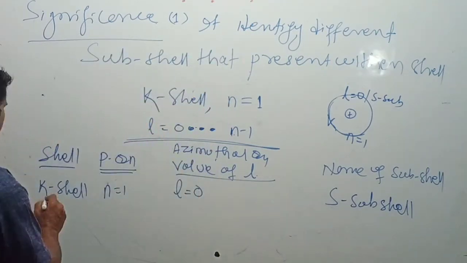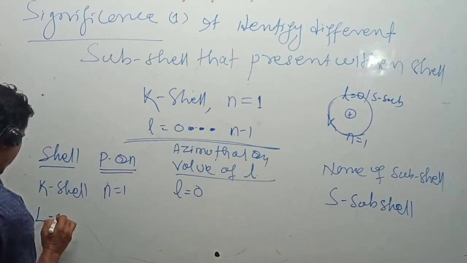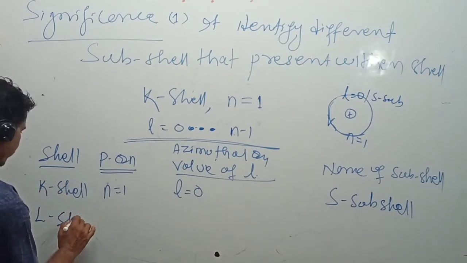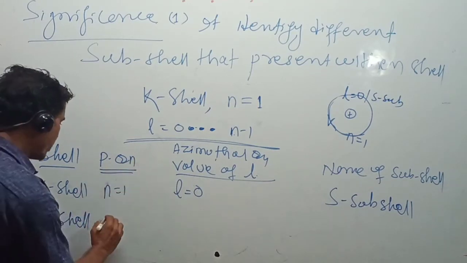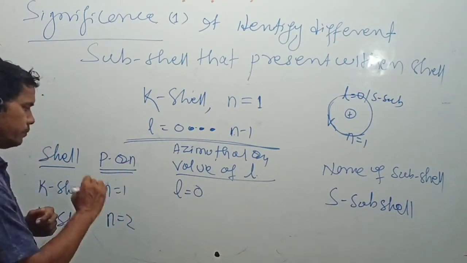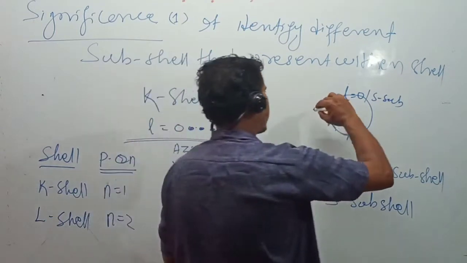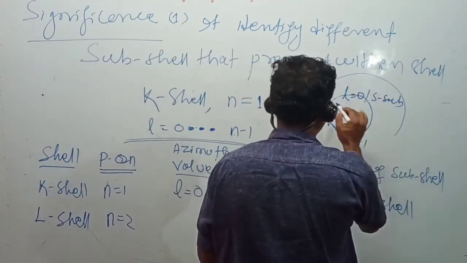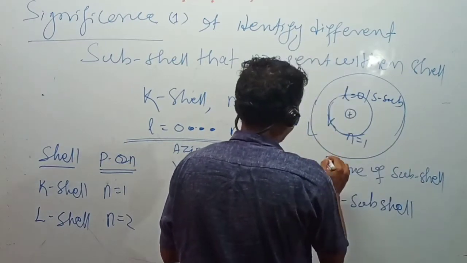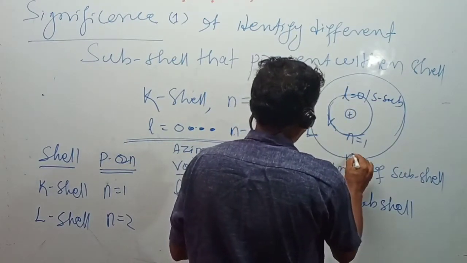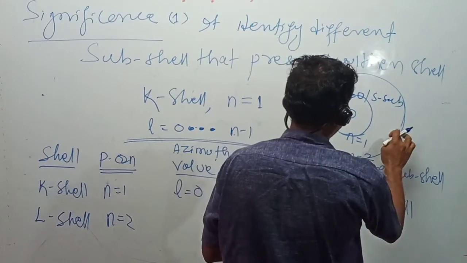Similarly, it is better if you understand with a second example, the L shell. So we are going for the L shell, principal quantum number n equal to 2.